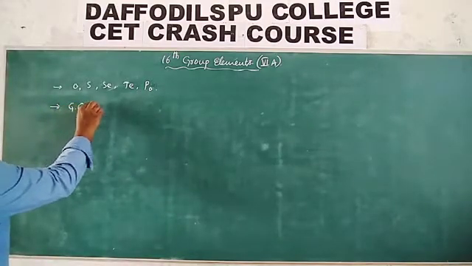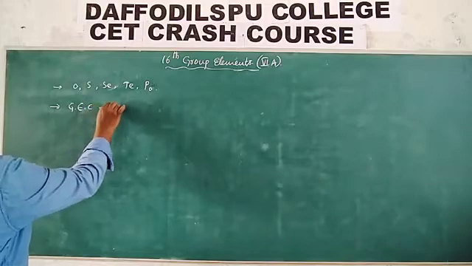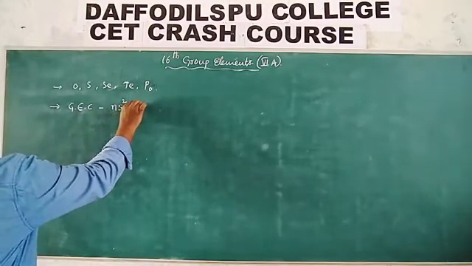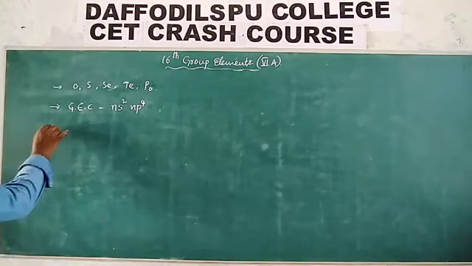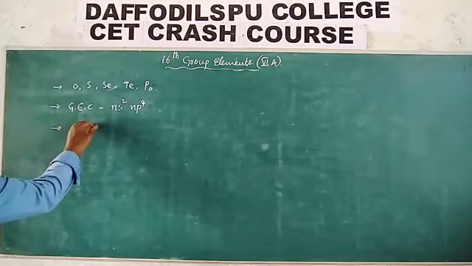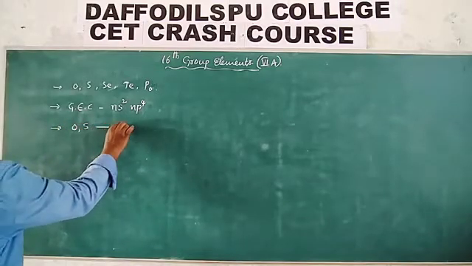The general electronic configuration of the 16th group elements is ns2 np4. Oxygen and sulfur, these two are non-metals.